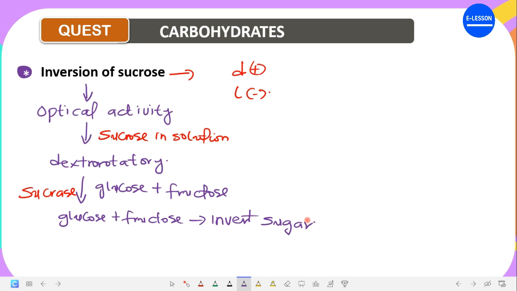That's what is called invert sugar. Now, you may want to ask the question, why is it called an invert sugar? Like, among everything in the world, why did they decide to give it invert sugar? It is called an invert sugar because, why? Because normally it is dextrorotatory, but this glucose plus fructose is what?